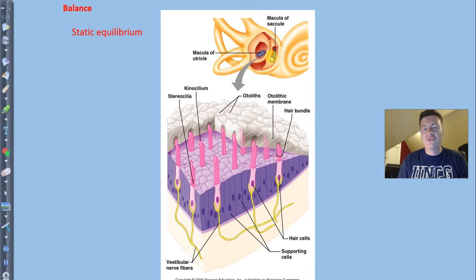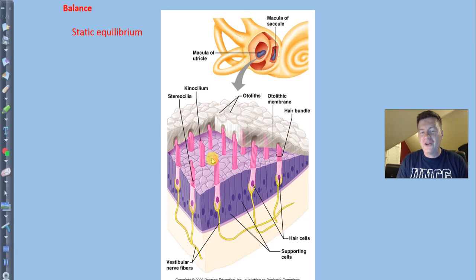Well, in the utricle, and you see this part here, you have this little mass of tissue which is making up what's called the otolithic membrane. That's really just the part here, the white iceberg on top, if you will. But the otolithic membrane is actually on top of or around these hair bundles.